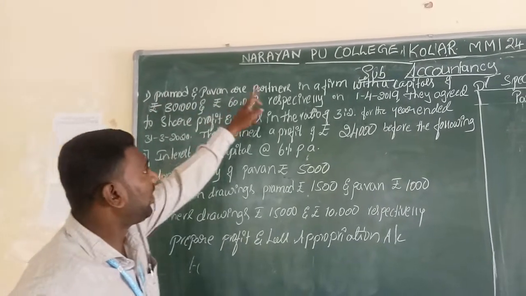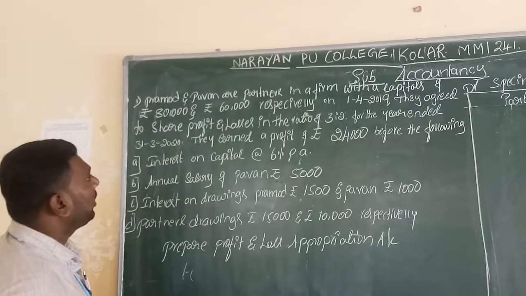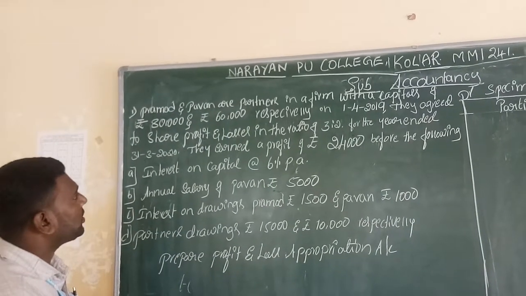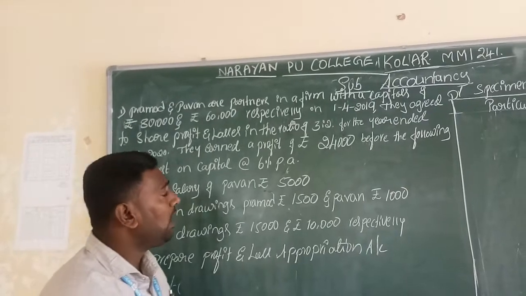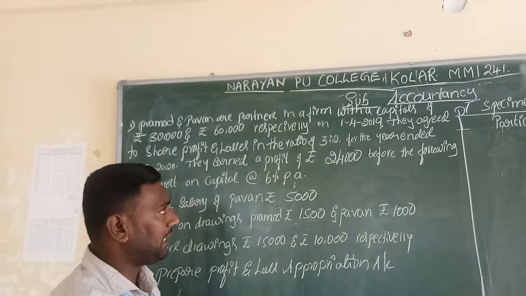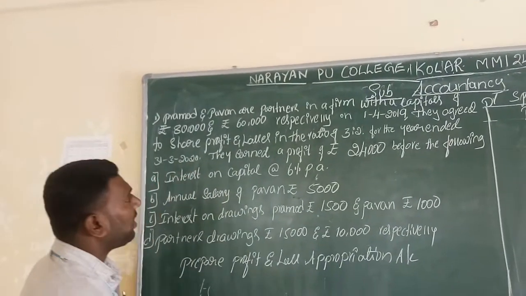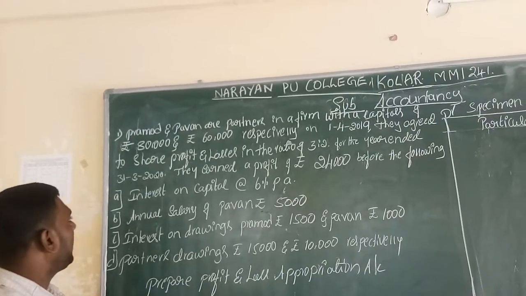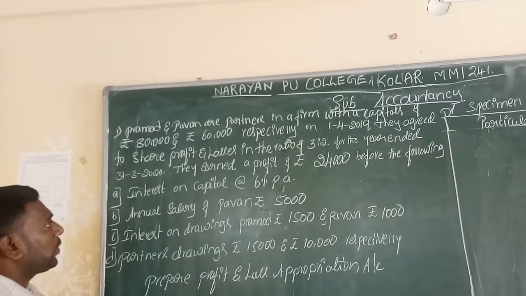Pramod and Pawan are partners in a firm with a capital of rupees 80,000 and 60,000 respectively on 1st April 2019. They agreed to share profit and losses in the ratio of 3:2 for the year ending 31st March 2020.